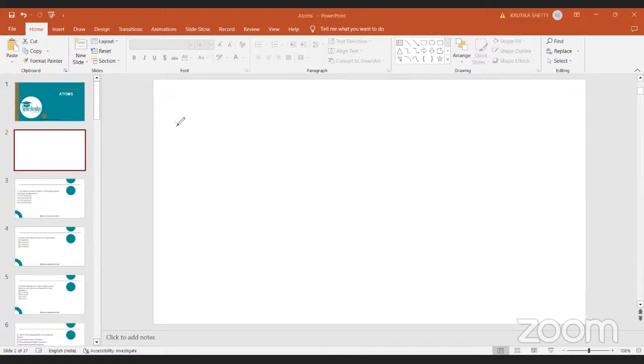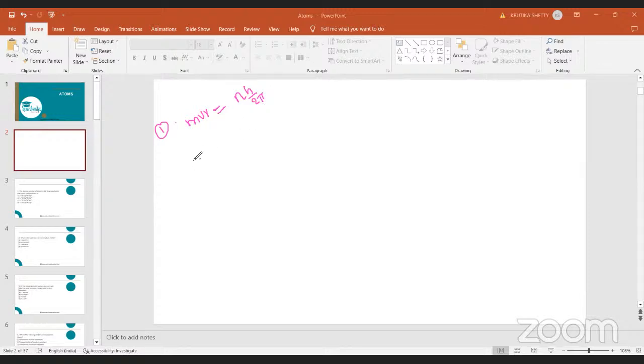Now, according to Bohr's model, the electrons are revolving in certain orbits. According to Bohr's postulate, the angular momentum of the electron is equal to an integral multiple of h upon 2 pi. Here n is called the principal quantum number.